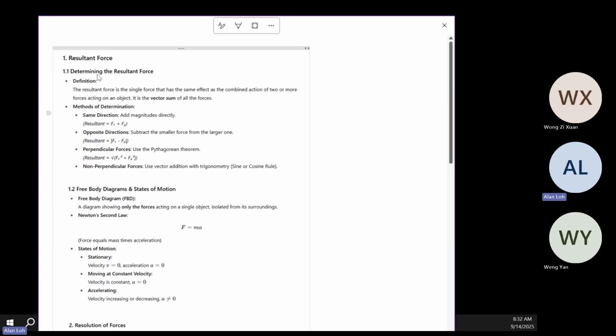Drawer number 1，现在你开你的 drawer. What do you see? You see nothing. Empty. You see empty drawer. So let's see the definition. The resultant force is a single force that has the same effect as the combined actions of the 2 or more forces acting on an object. It is the vector sum of all the forces.